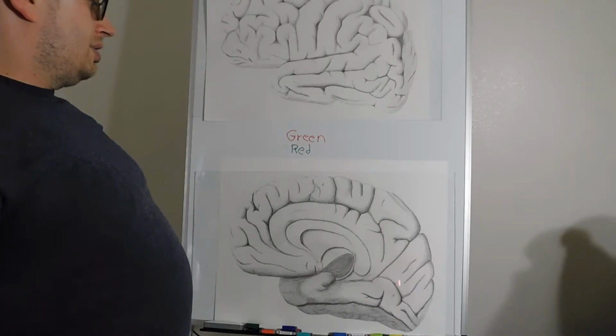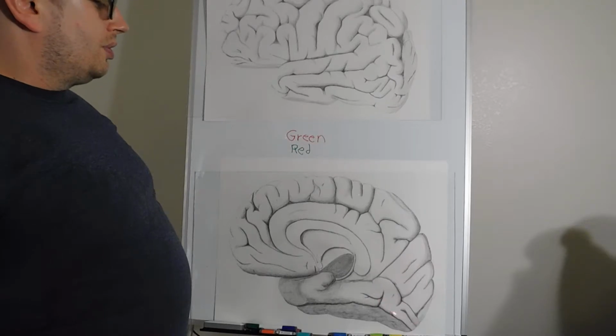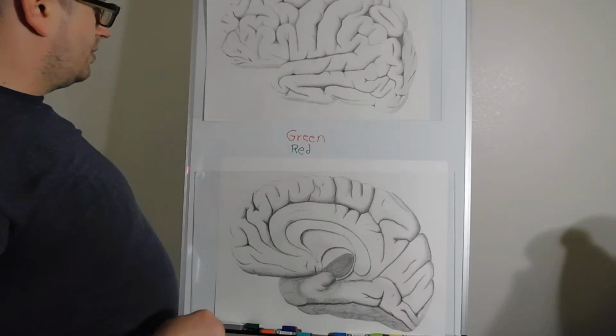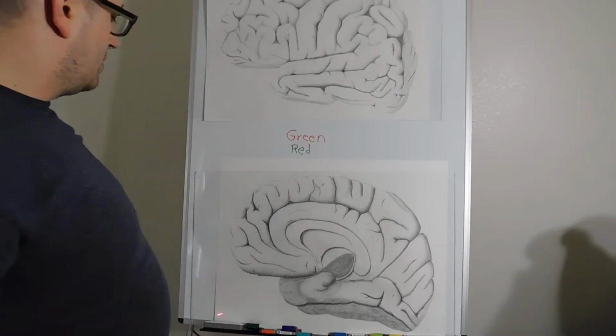This part here is the cuneus, and this part is the lingual gyrus. So this processes superior information, like in your superior visual field up here. This part processes information in your inferior visual field.